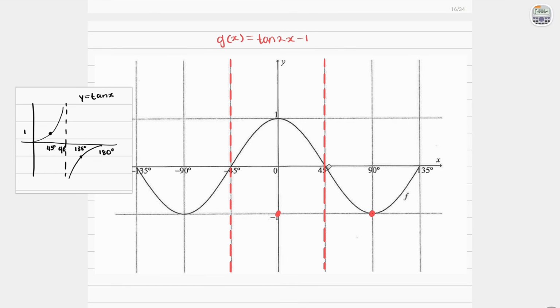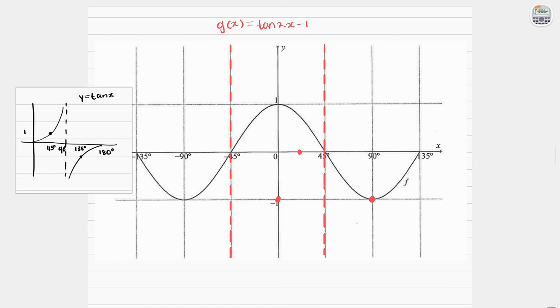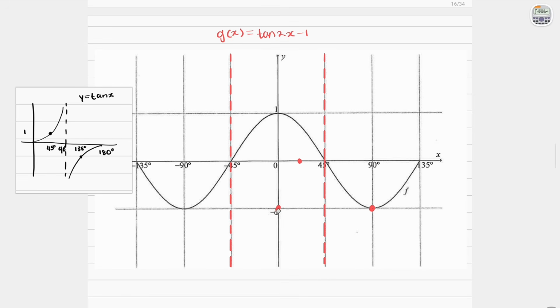So in between from 0 to 45 degrees, that is at 22.5 degrees. This is where it will have a y value of 1. But remember, this is tan 2x minus 1. So that y value of 1 goes 1 unit down, and that's what you're going to have here. So that's that part, and now we can see it's going to go up and move closer and closer to the asymptote.